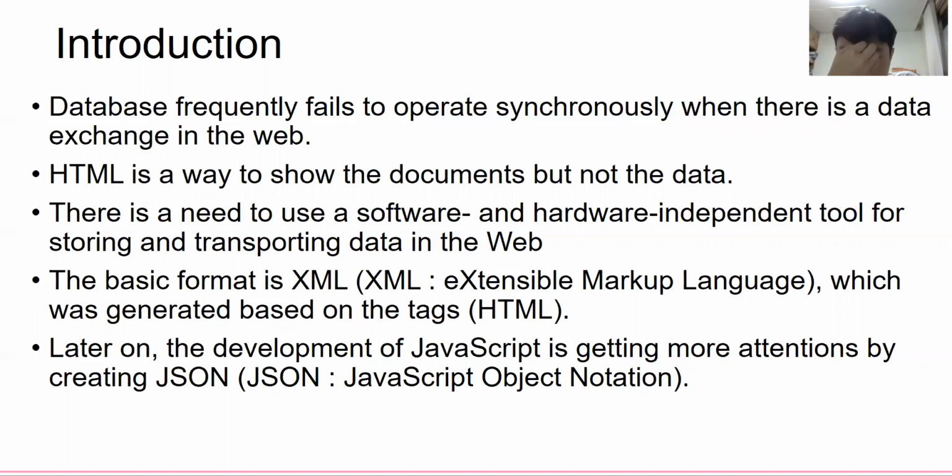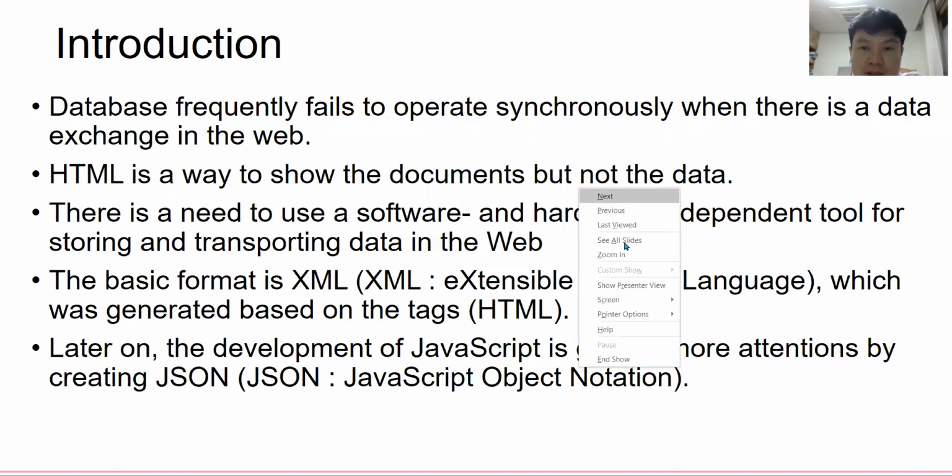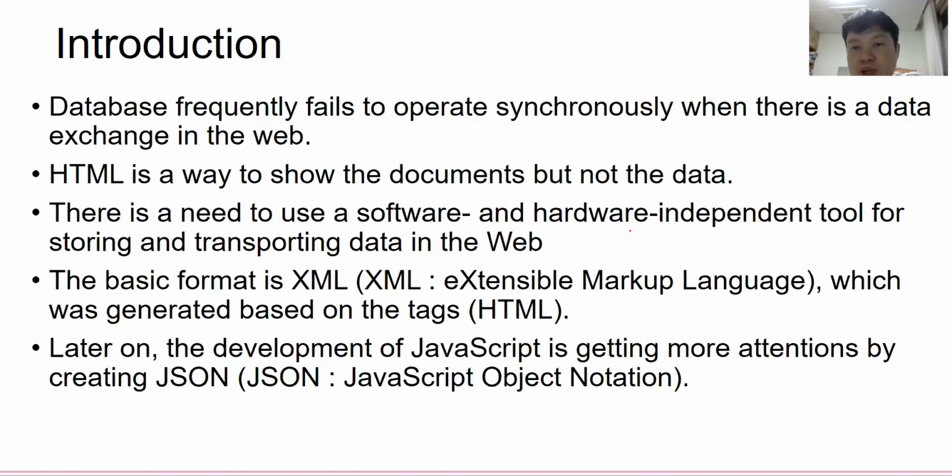But when you have data which is on the web, you cannot use a database because on the web there is no particular space for storing data. So HTML is a way to show documents, but not data. There is a need to use a software and hardware independent tool for storing and transporting data on the web. Okay, so just remember that whenever you use HTML, it is not the data.